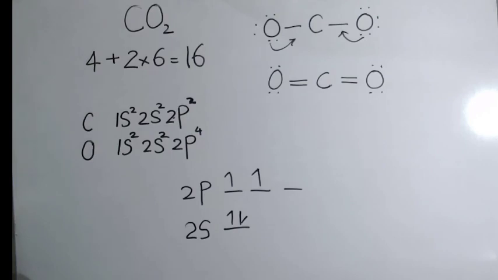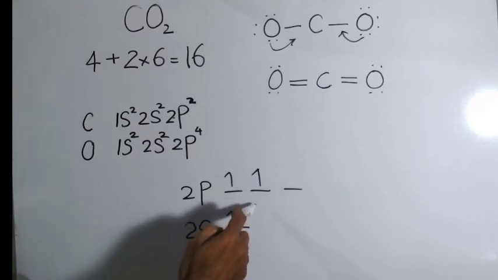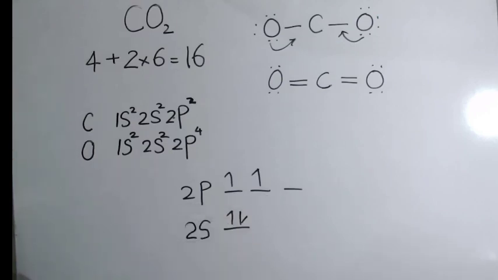Here what we have to understand is carbon also forms 2 pi bonds. 2 pi bonds and 2 sigma bonds. For 2 sigma bonds, it needs 2 hybridized orbitals. For two pi bonds, it needs two unpaired electrons. Then this arrangement is not enough for that.